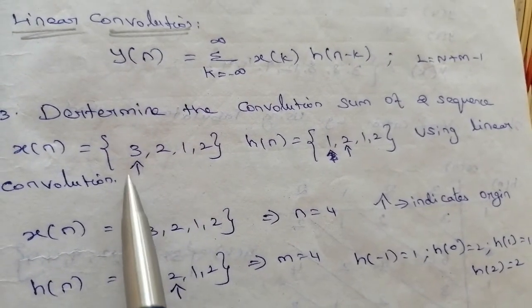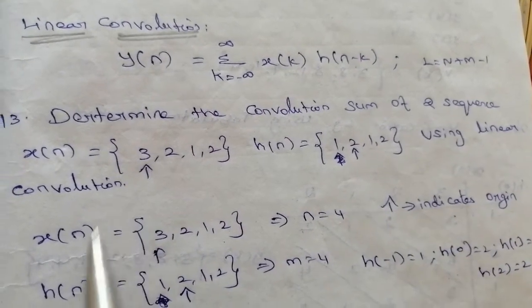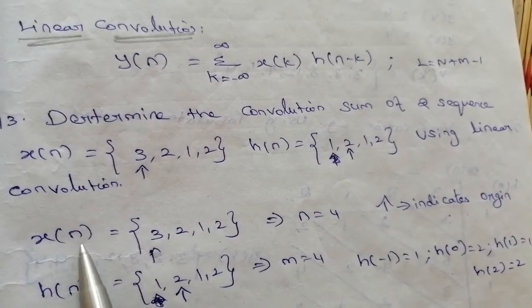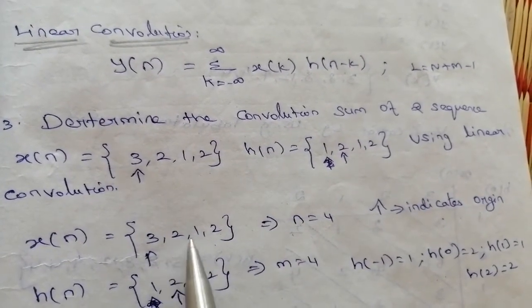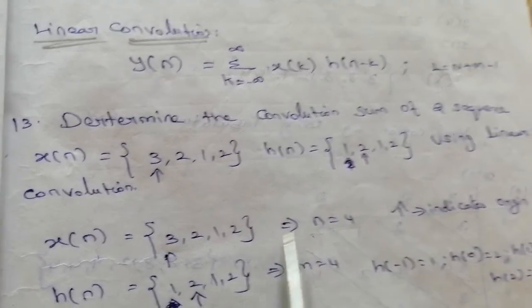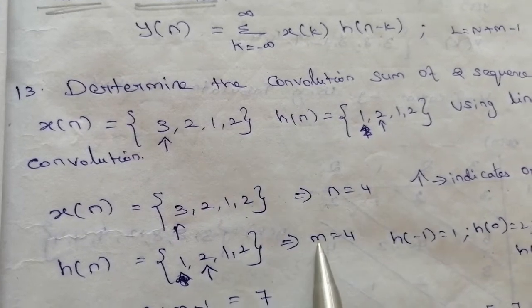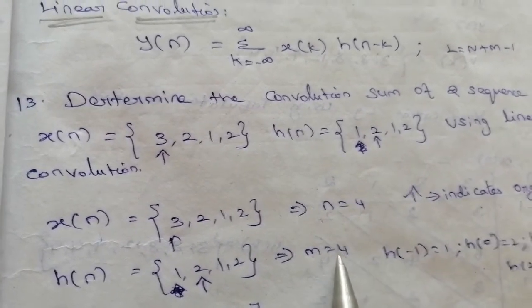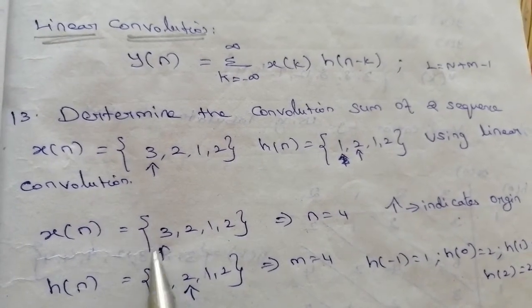In the x of n sequence, the total length is denoted as n: 1, 2, 3, 4, so the total length of x of n is 4. Likewise, for h of n, the second sequence, the total length is denoted as m, which is also 4. The starting point of the x of n sequence is the origin.